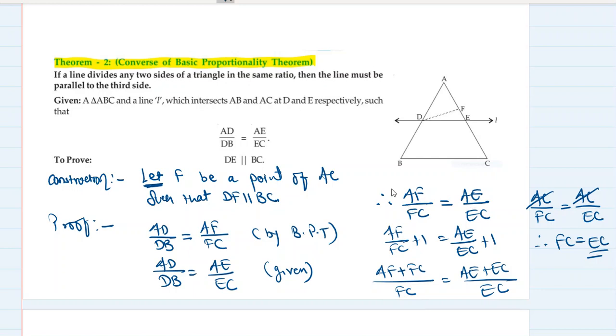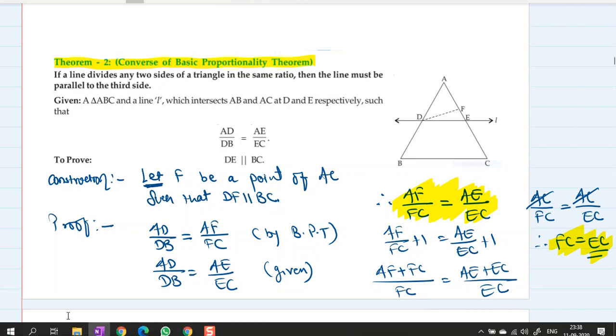So I think just comparing the ratio does not give you the full idea about what is equal to what. But adding 1 to it and simplifying it gives you a complete idea that FC is equal to EC. Now, do you think FC is equal to EC? F is a separate point. FC can never be equal to EC if it is a separate point.